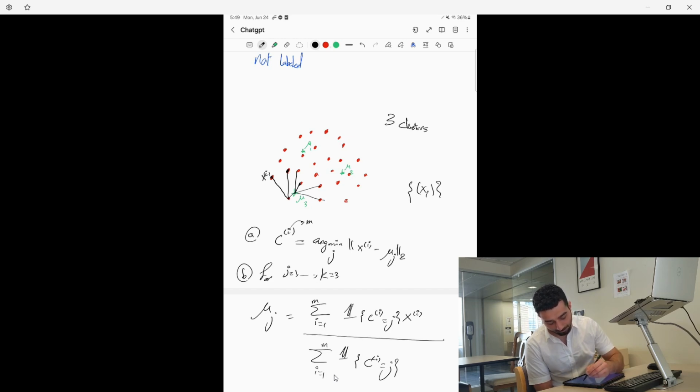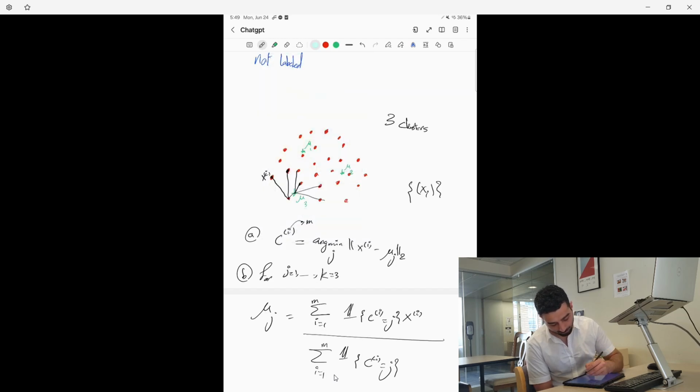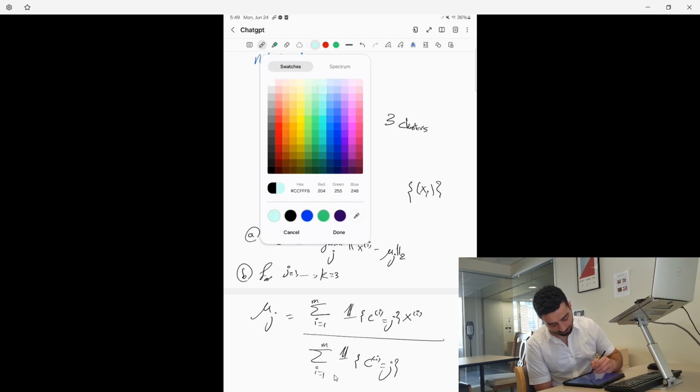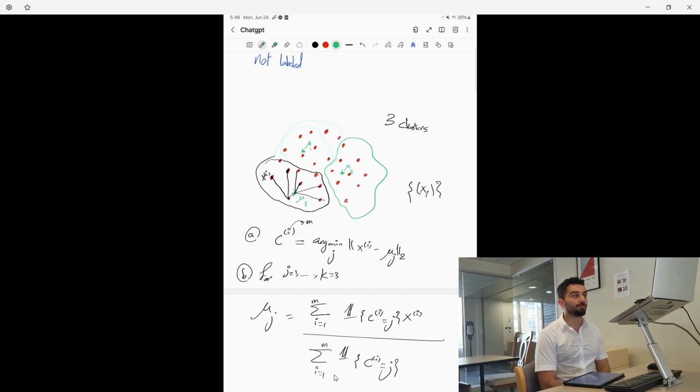Then there are some that belong to mu1. These all belong to mu1, all of the dots inside this. Also this, and they all belong to mu3, and they all belong to mu2, right? Perfect. They all belong to mu2, and then you update mu1 hat.